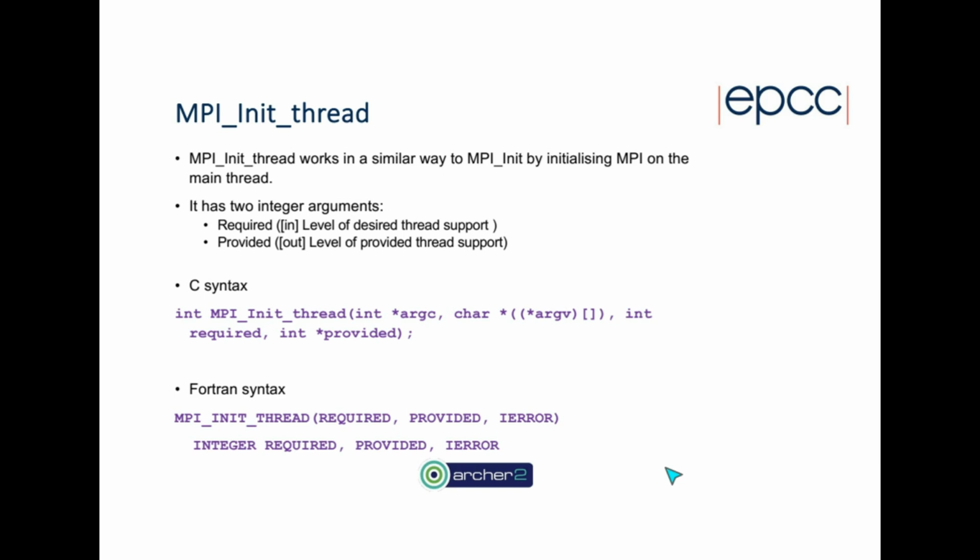In addition to the usual arguments for MPI_Init, we also pass in the required level of thread safety, and we get back a pointer to the provided level.